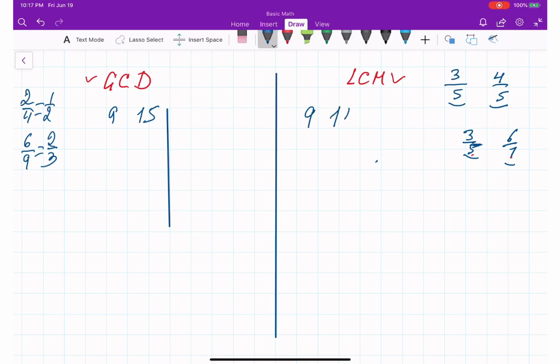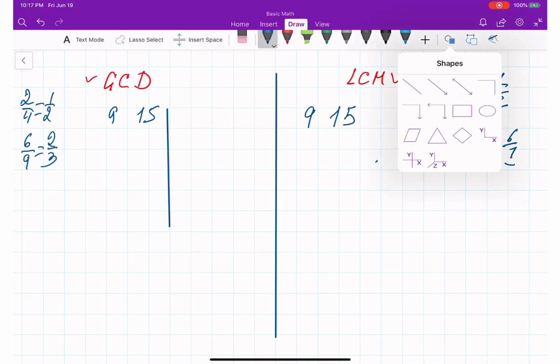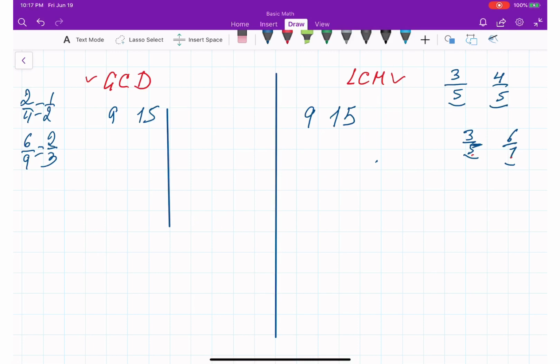So for the same numbers, we are going to find GCD, the greatest common divisor, and least common multiple. So let's start with least common multiple. So how are we going to find out?